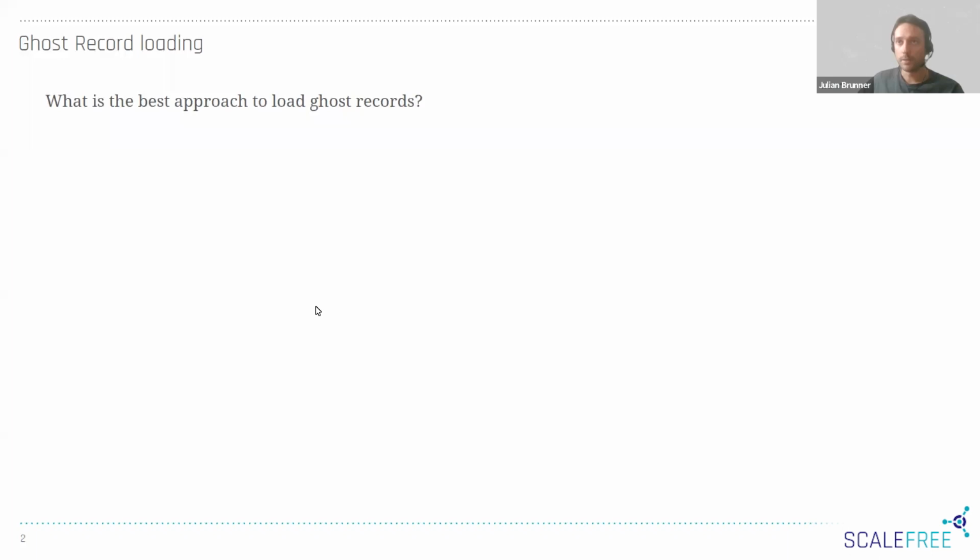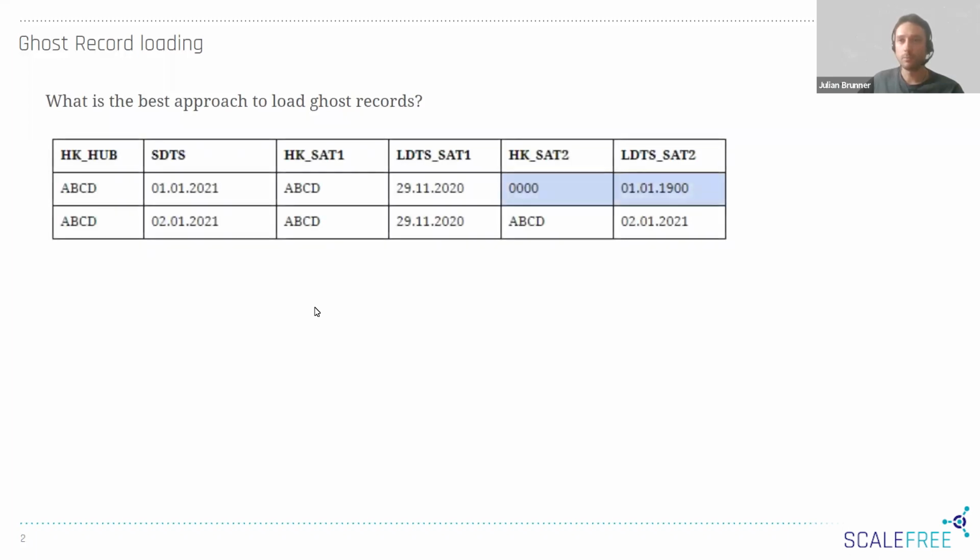So let's quickly recap our PIT tables, which ensure inner joins with equi-join conditions. A PIT table has references to the primary keys of all corresponding satellites. So for every snapshot, we calculate the satellite entry that was active at snapshot time.